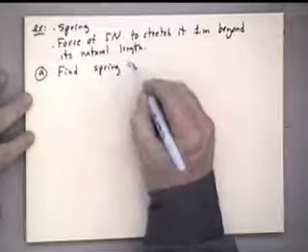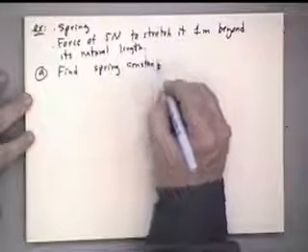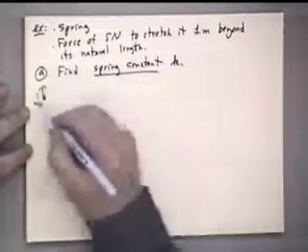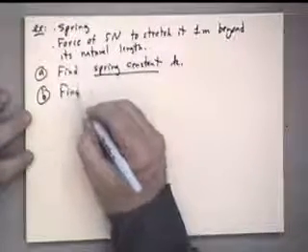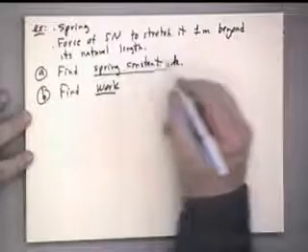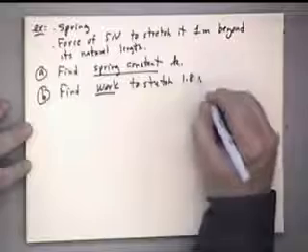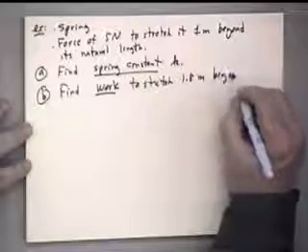We want to do 2 things with that. First of all, we want to find the spring constant. That will give us a complete formula for the force here. And then we'll find work to stretch it 1.8 meters beyond its natural length.